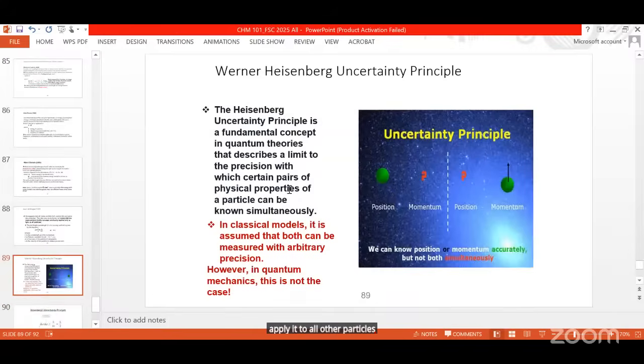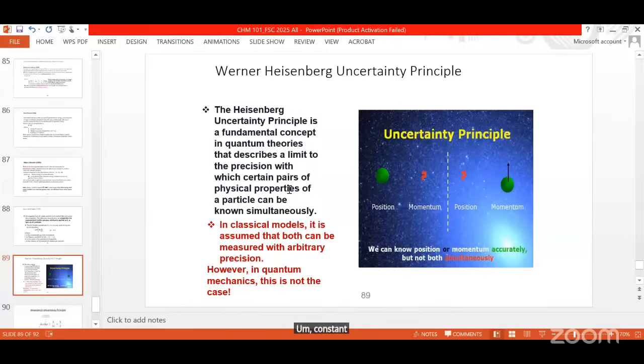Now, the Heisenberg uncertainty principle is the one that is telling us that you cannot know the position of a particle and the momentum at the same time, that you can actually know one at a time while you keep the other constant.